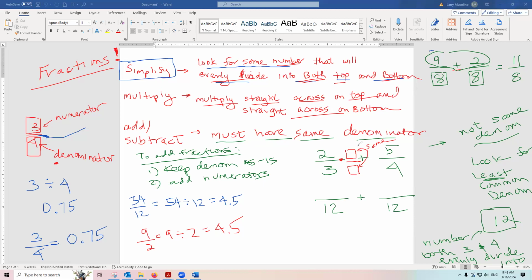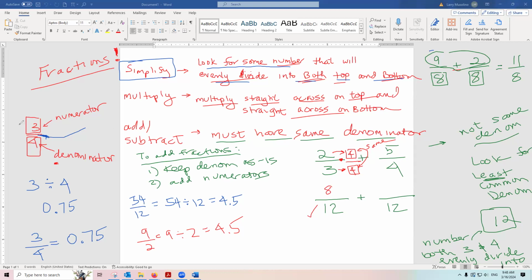Remember, I'm multiplying these fractions, so that means multiply straight across top and bottom. On the bottom, I want 3 to multiply this red box, but I want to get the answer 12 out of that. Well, that would mean 3 times 4, because 3 times 4 is 12. But if I put a 4 in that bottom red box, I'm forced to put the exact same number in the top red box. Remember, these red boxes always have to have the same number in them. Well, now let me multiply across on top. 2 times 4, that's 8.